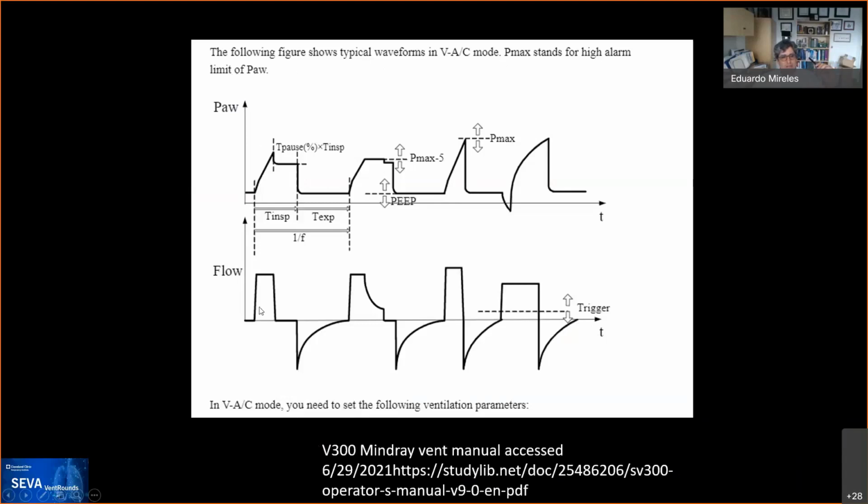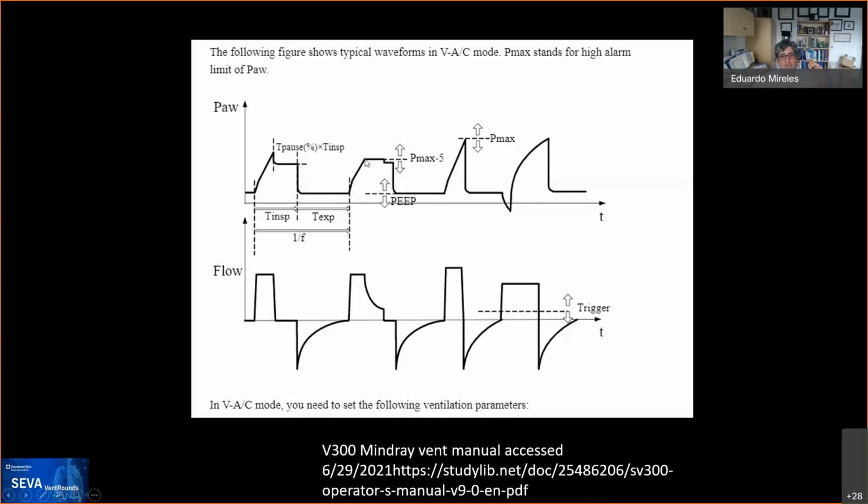And so you can see here a passive breath with the inspiratory time and inspiratory pause. Then the next one is the other type of application of dual targeting, in which the ventilator starts with a constant flow, so volume controlled, but it reached a Pmax level, which under these circumstances they put -5, which I presume is 5 below the Pmax limit.